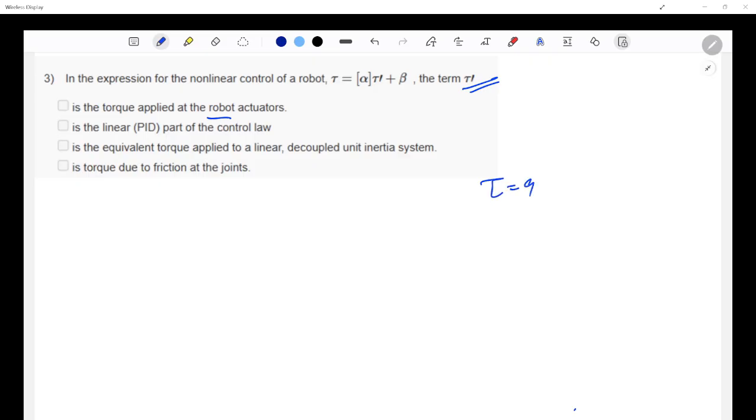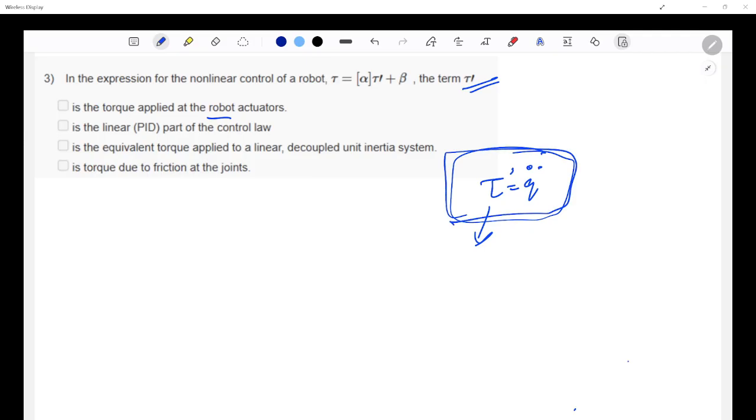We saw already that tau dash becomes q double dot when we apply the control law. So this means tau dash is not actual torque. It is the input to the transformed system. What system? After cancellation, your system becomes this.